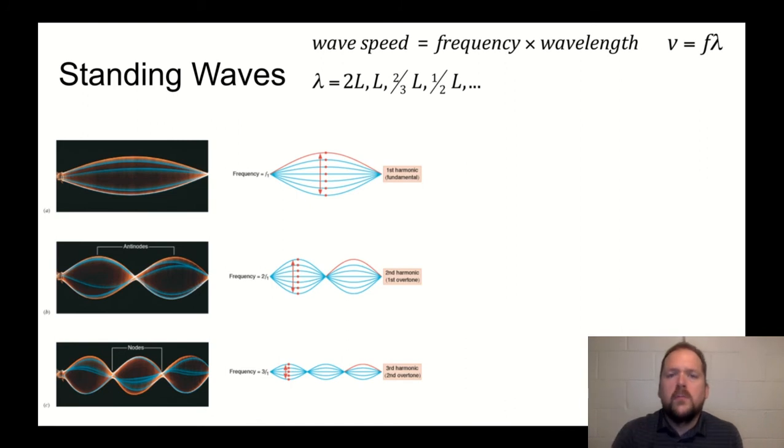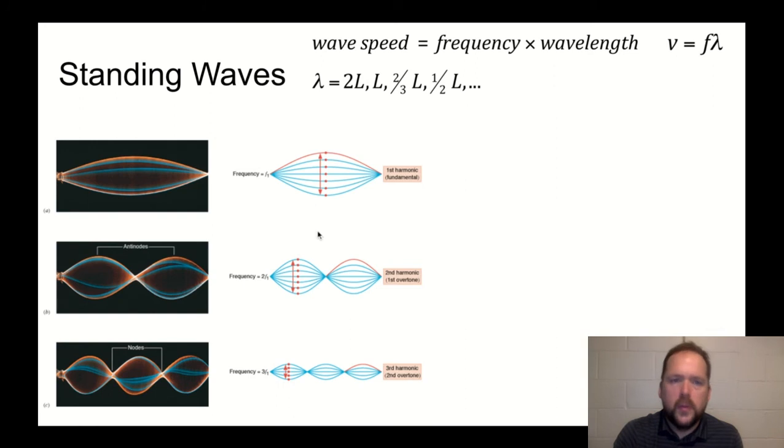And so if I was to figure out what the wavelength of this pattern is, I would need to continue following it until I got to the end of one complete cycle: go up, back to equilibrium, down, and back to equilibrium. So the wavelength of this fundamental mode is 2 times the length of the string.